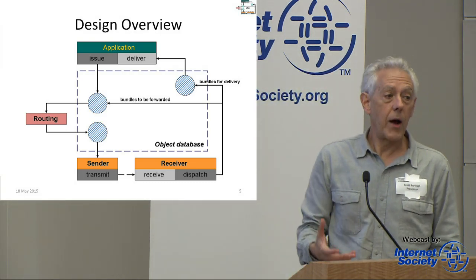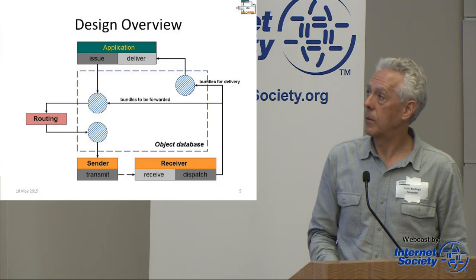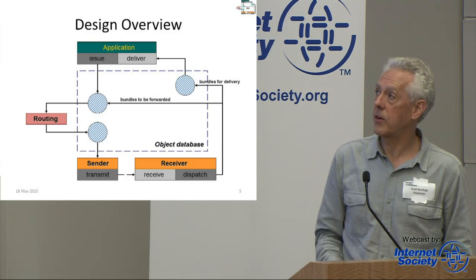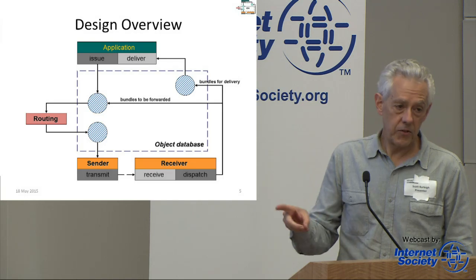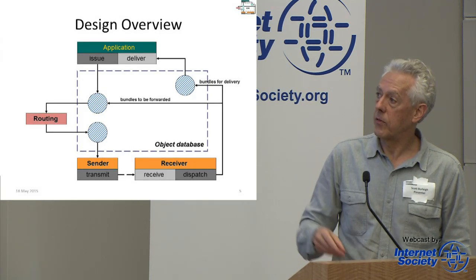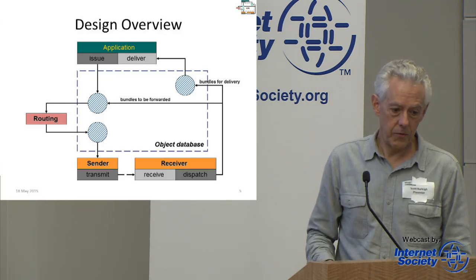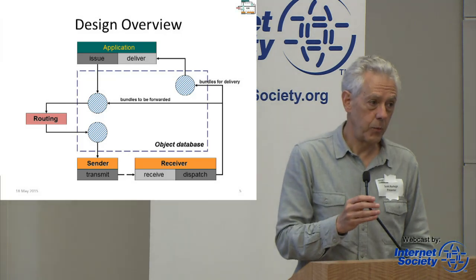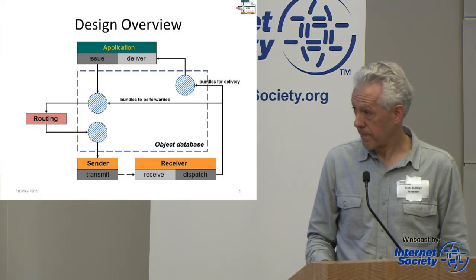A separate routing daemon running at the same time pulls things out of that queue and determines where they're going to go and appends them to a different queue for transmission. And there could be any number of these different queues for different outducts. We call them different convergence layer adapters for transmission.